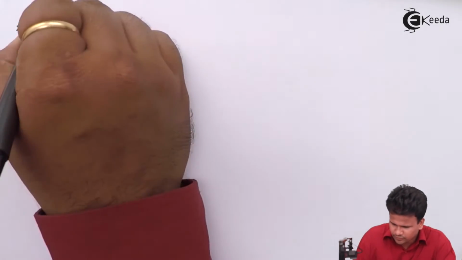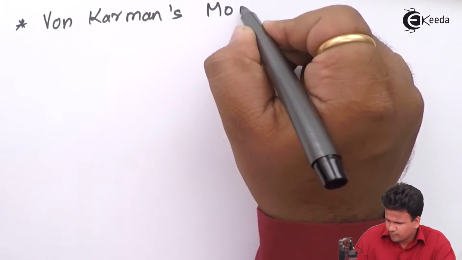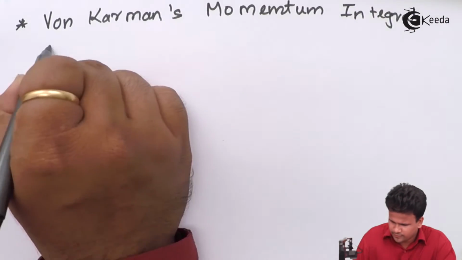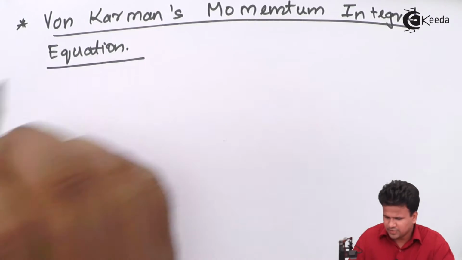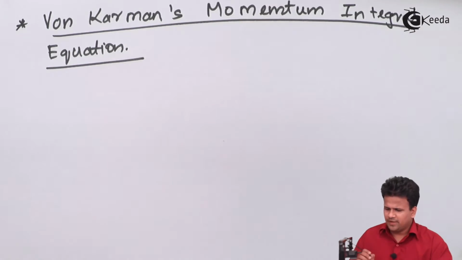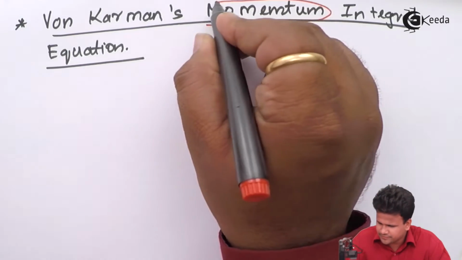So let us study what is von Karman's momentum integral equation. To study von Karman's momentum integral equation, the first thing we observe in the topic itself is the word momentum.